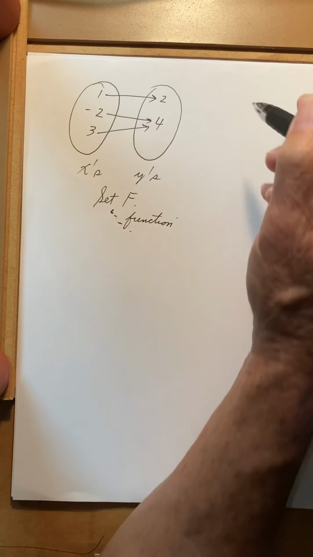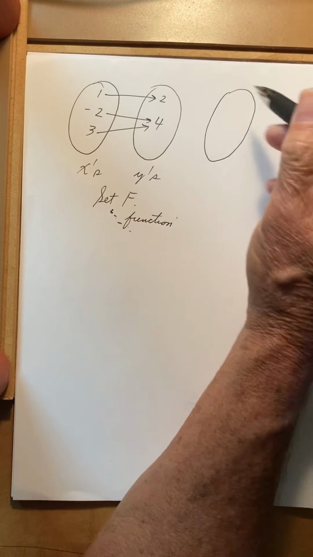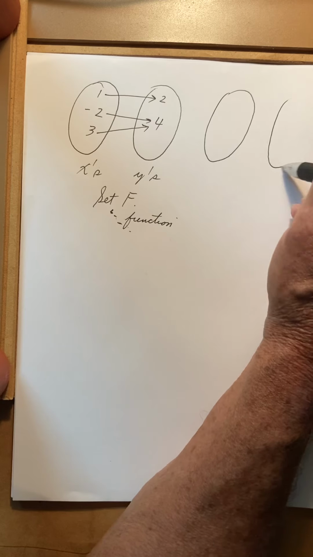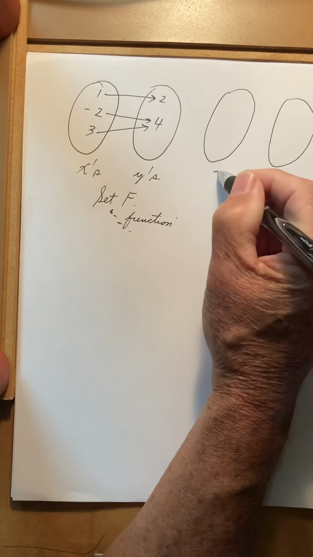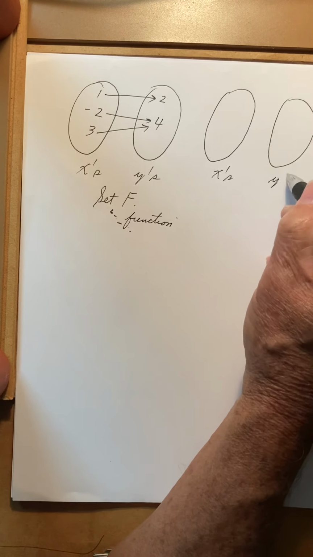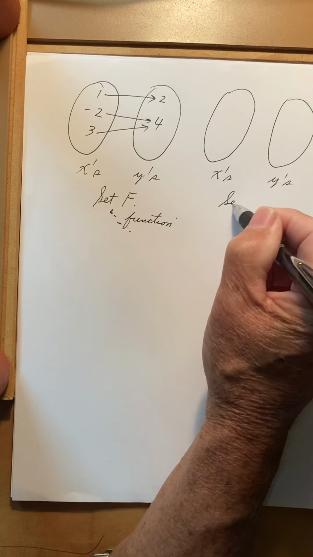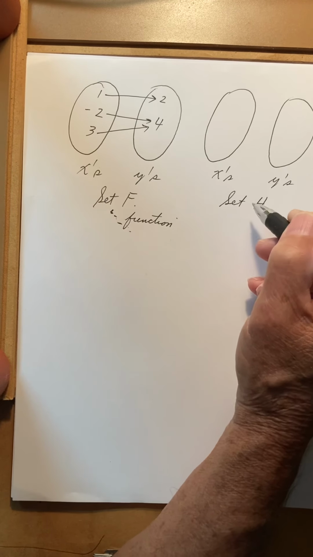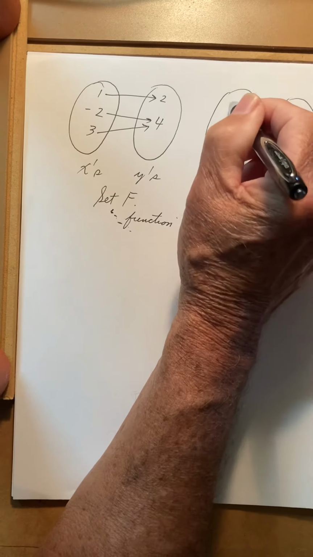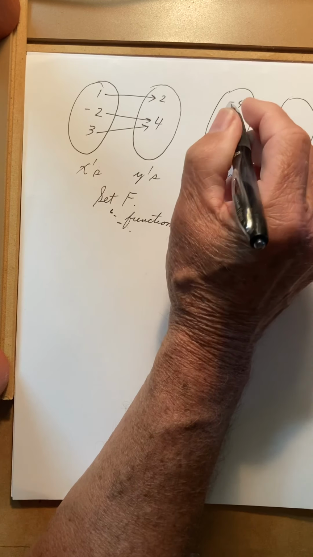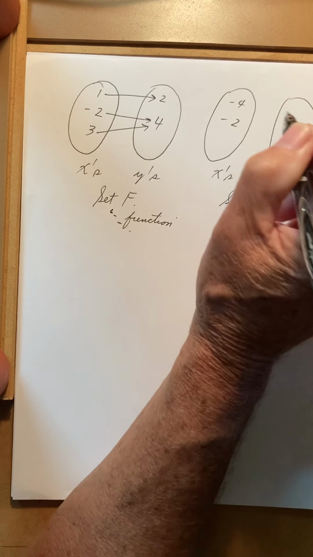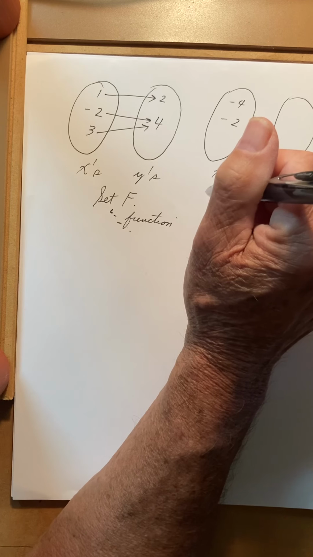We're going to do another mapping test for set H, where here are the x's, here are the y's. For set H, we have -4 and -2 as the only two values for x.